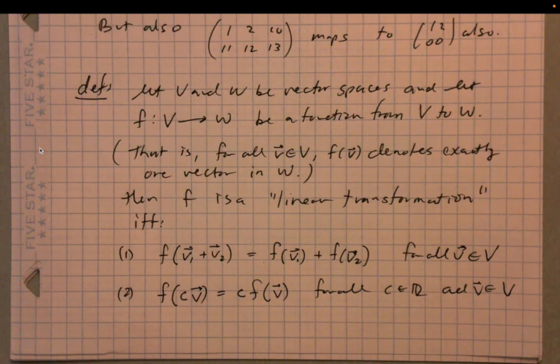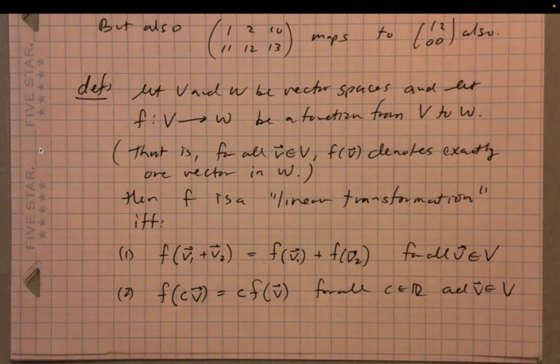What do they do? They insist that the operations of vector addition and scalar multiplication, the two key things for your vector spaces, give the same answer regardless of whether the operations are performed before or after we apply F. So you can think of a linear transformation as a function between vector spaces that preserves the operations that give vector spaces their structure, namely vector addition and scalar multiplication.